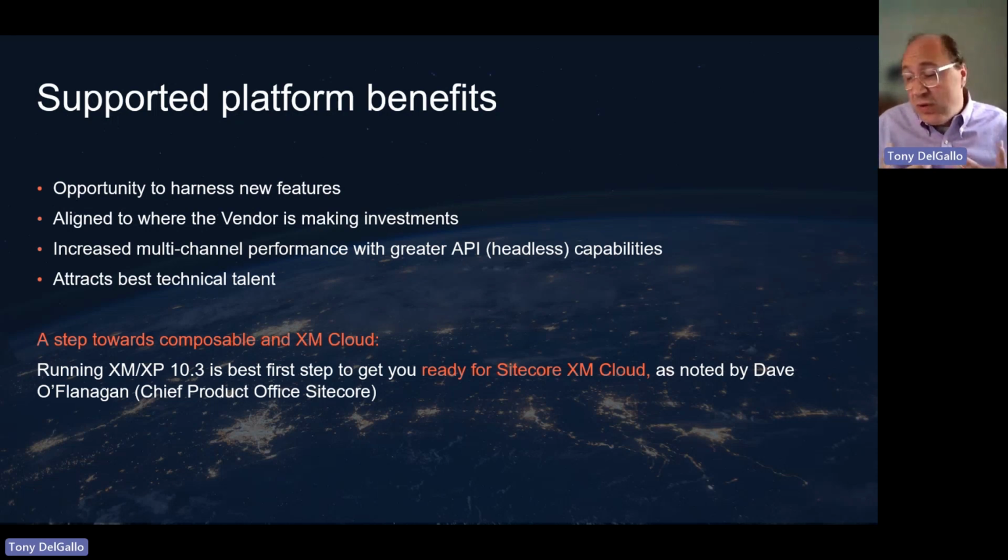And also, in the course of Sitecore and CMSs, you want to have that multi-channel performance, whether it's headless, whether you want to do things through API, you want to do things programmatically, not just publishing pages. You want to deploy to all kinds of wearables. We want to make sure we're on the latest version so that technology is friendly to whatever kind of framework you've built in-house. And also that attracts the best talent, right? So if I'm able to support Next.js, I'm going to get talent out there that wants to work on it, right?